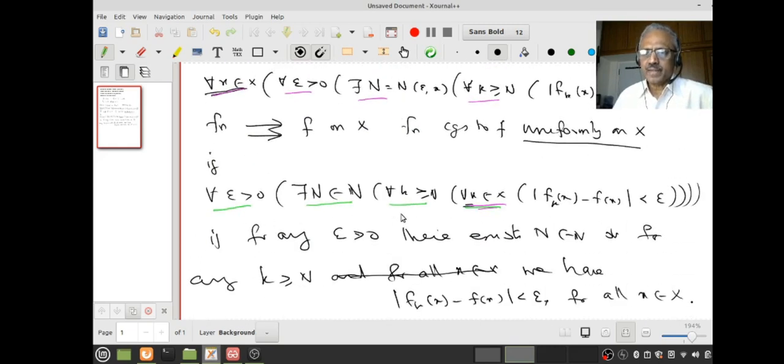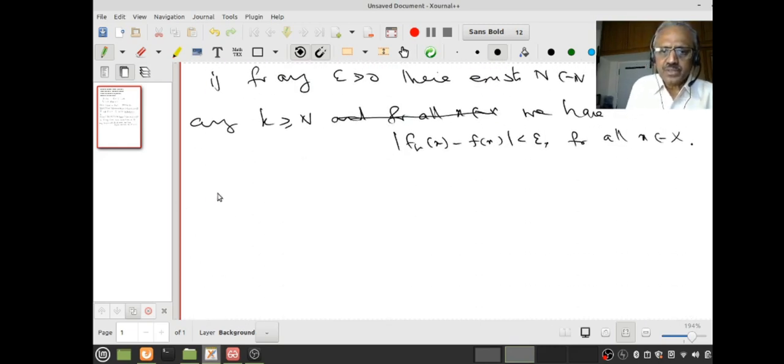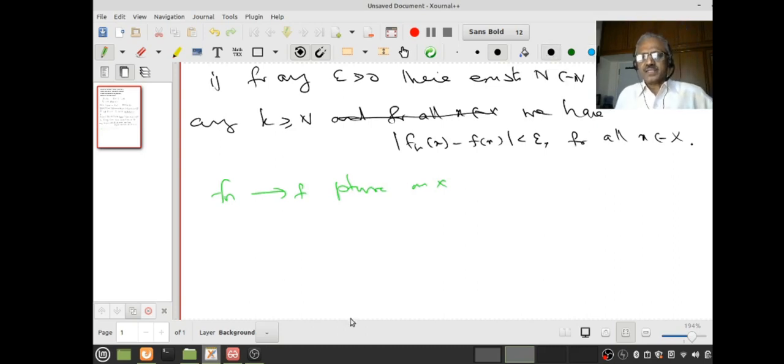Again, let's go back. Suppose I want to say fn converges to f pointwise on X. What should I do? As I keep saying, analysis means you have to estimate something or the other. Here what it says is I have to estimate fn of x minus f of x.